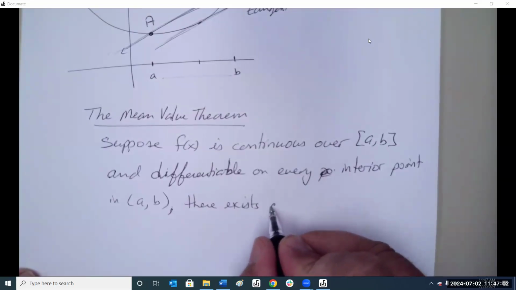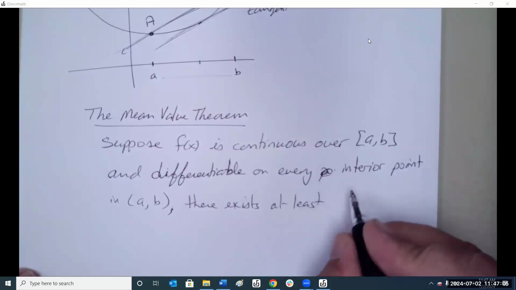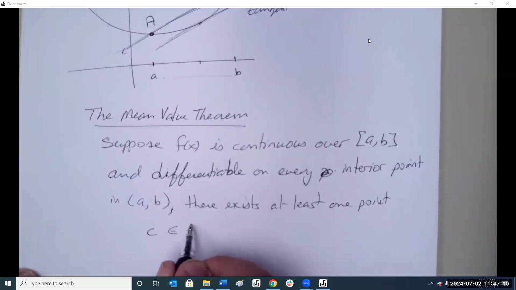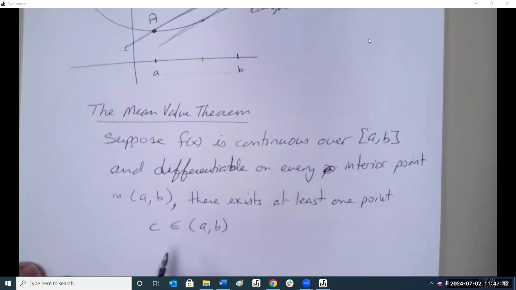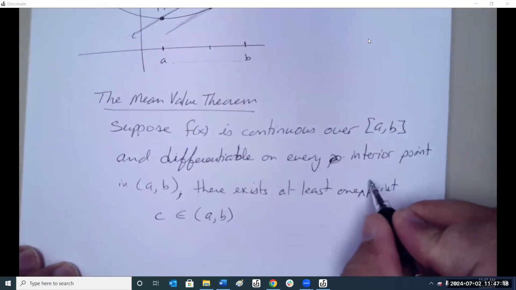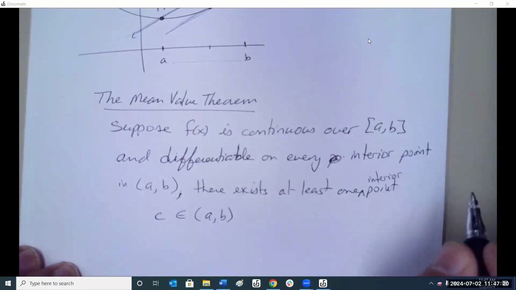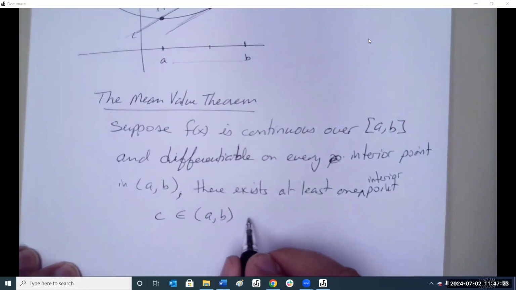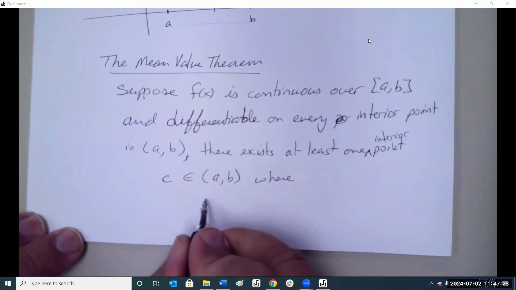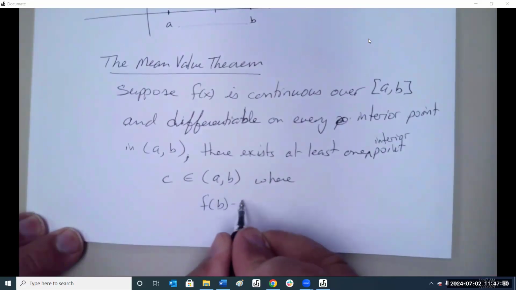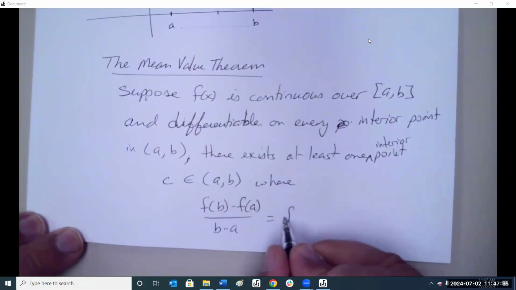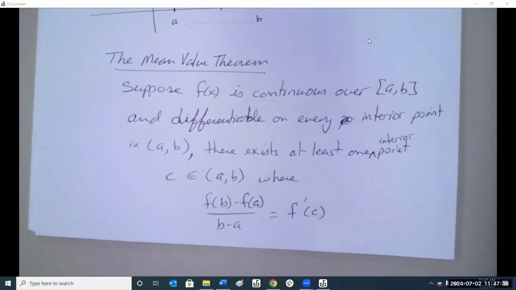There exists at least one point C contained in that open interval. It's an interior point C, at least one interior point C, where f of B minus f of A over B minus A equals the derivative at that point.